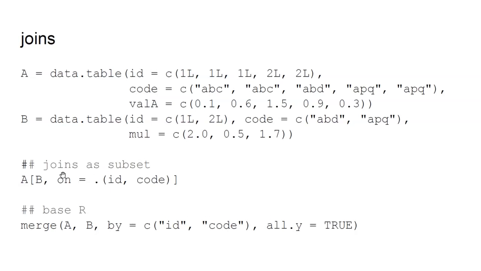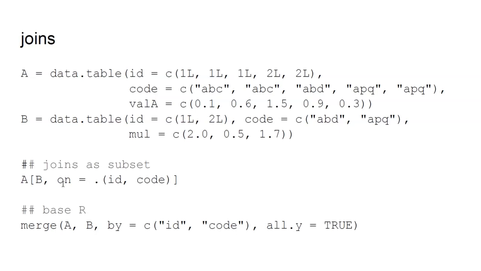So in data table, joins are made basically in the i argument of square bracket, where we provide the second data table, and using the on argument, we specify columns. It can be specified as unquoted variable names and also as a character vector.